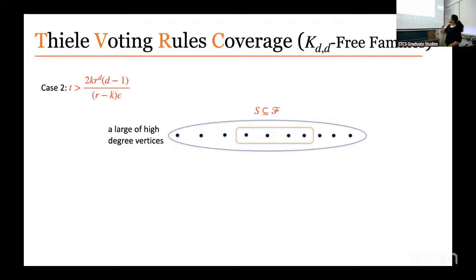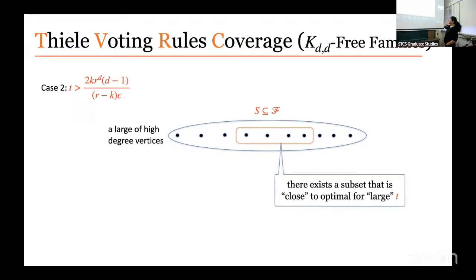If I look at this, it is some large set of high degree vertices, and we can say that there exists a subset in this set which is good for us. Meaning I can pick it and it does not have too much loss. And this set is also not very large.